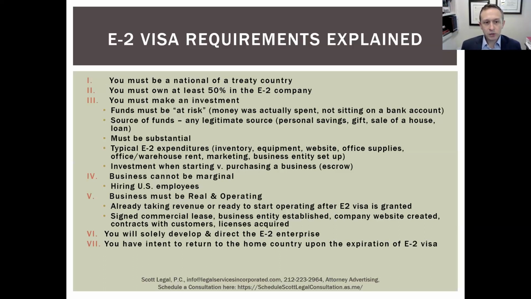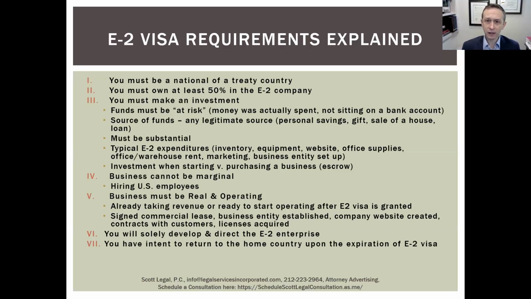The fifth requirement you see on your screen is that the business must be real and operating. And I referred to this before when talking about the investment. You want to spend money on the things that are needed for the business to be operational. The way I like to think about this requirement is when you are in your visa interview at the consulate, the officer asks you, what do you need for the business to become operational? You want to be able to say that the only thing you need is a visa.